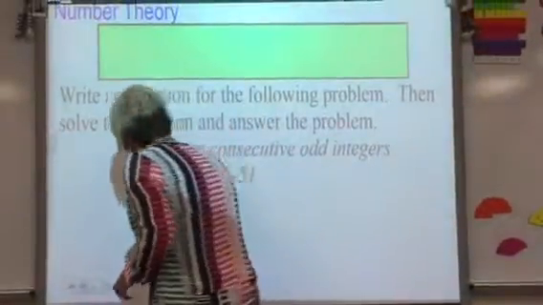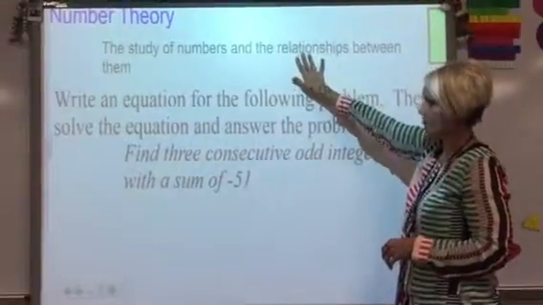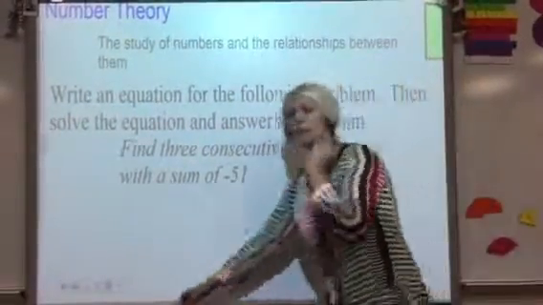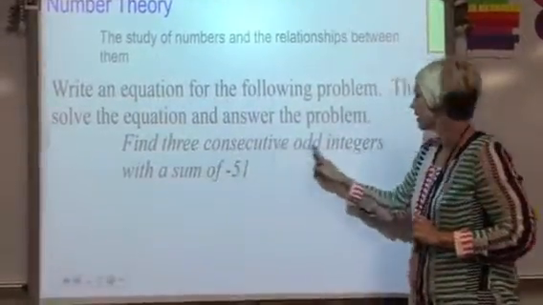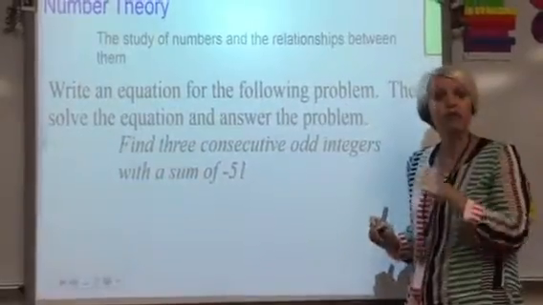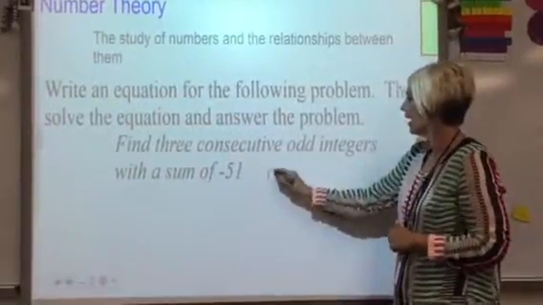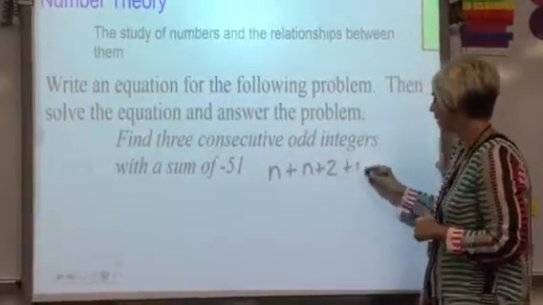So let's take that and use number theory. Number theory is the study of numbers and the relationships between them. Let's write an equation and solve it for this problem. Find 3 consecutive odd integers with a sum of negative 51. We'll use your chart if you need to. We want to do n plus n plus 2 plus n plus 4.